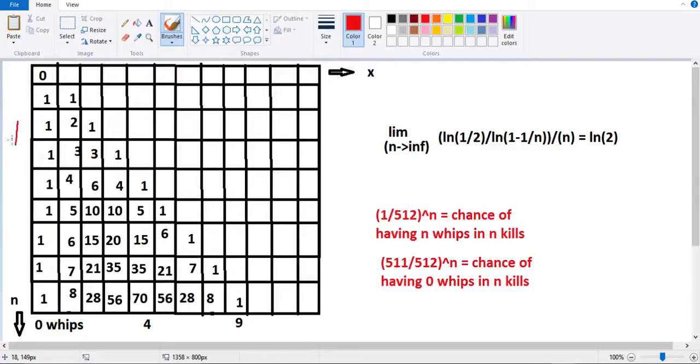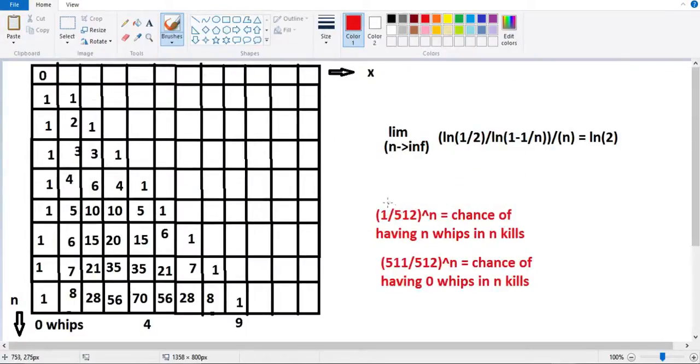So every time you gain a kill, you go down, and every time you gain a kill and you get a whip, you go sideways like this. If you don't get a whip, you keep the same amount of whips. x is the amount of whips, and n is the amount of kills. So every time n goes up by 1, and if you get a whip, x also goes up by 1.